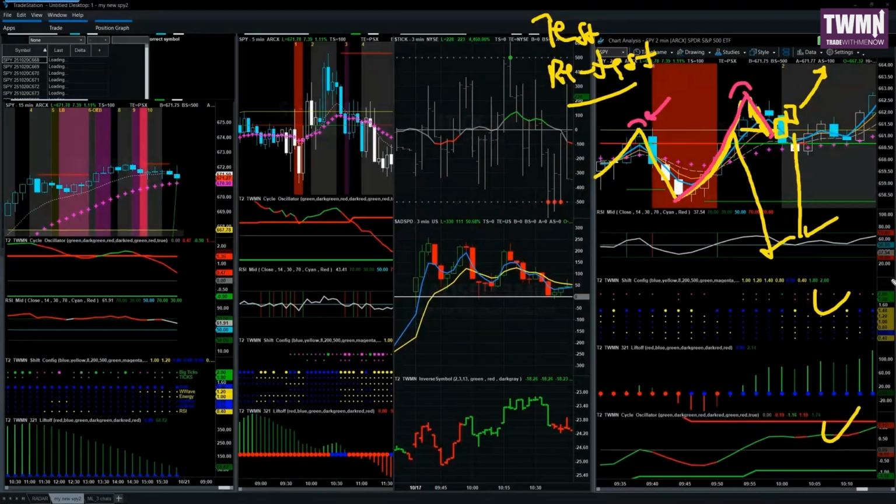Structure in the direction that you want to trade. And if it holds here, boom, boom, guess what else it just created? Boom, boom, a higher low. The definition of trend is higher high, higher low.